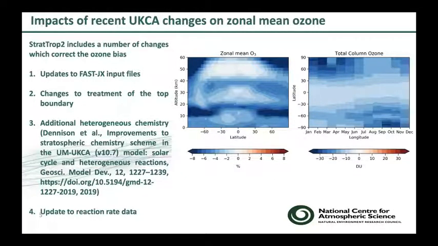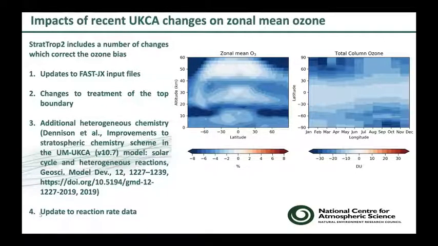These are really like changing input files, changing one or two lines of code, so relatively minor changes. The biggest change is perhaps the change to heterogeneous chemistry, where we've expanded the fairly limited set of chlorine-only heterogeneous reactions that occur on polar stratospheric clouds and stratospheric aerosols, to now include not only bromine reactions but also bromine-chlorine cross reactions. So hopefully a better representation of polar ozone is included there.